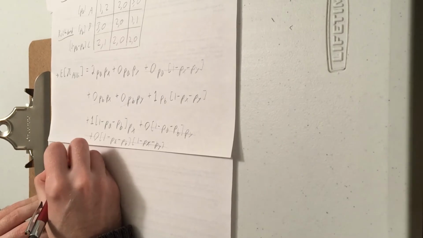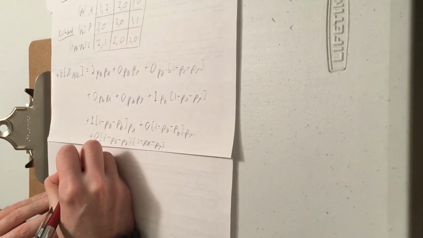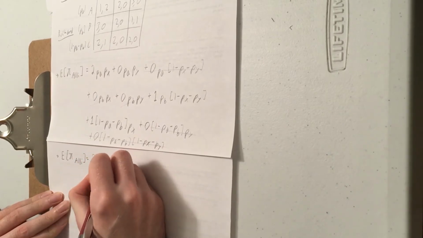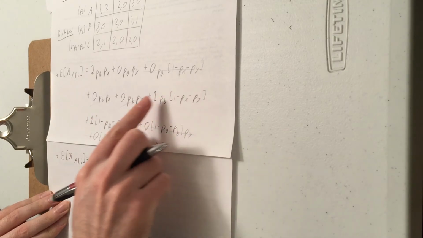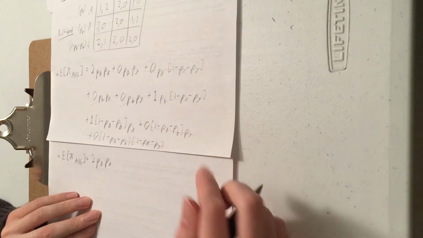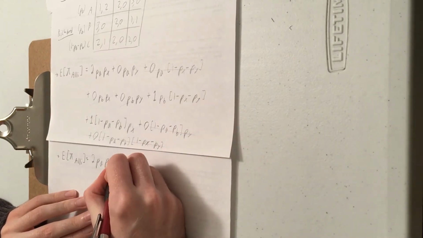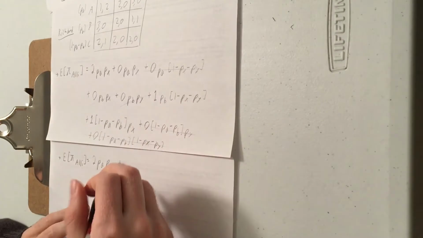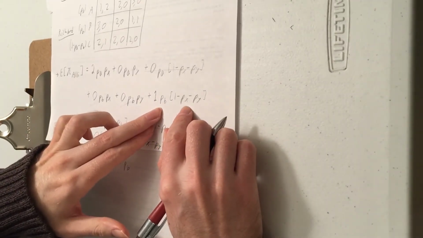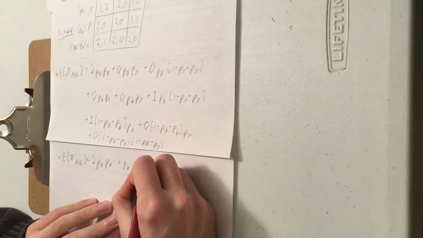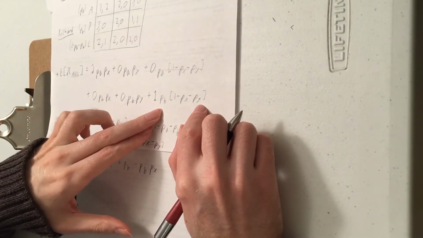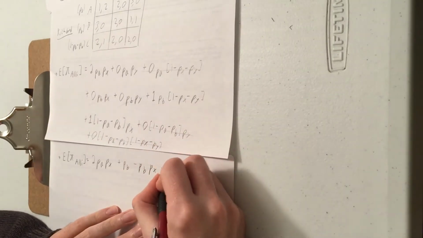What we're left with is 2PA PX, bunch of cancellation. We still have this though, so I'll just go and expand that. Plus PB times minus PX, so minus PB PX. PB times minus PY, so minus PB PY.